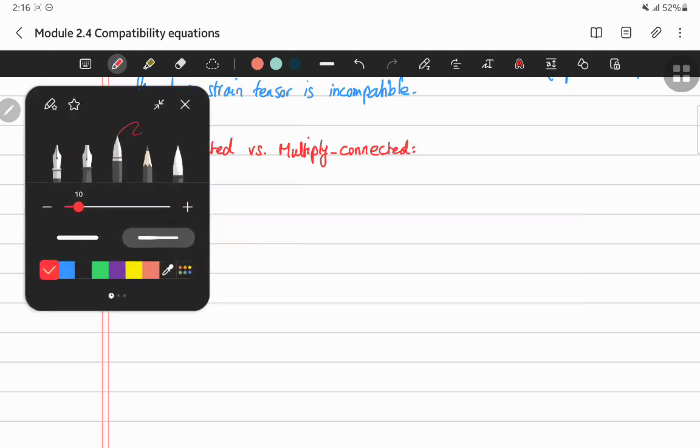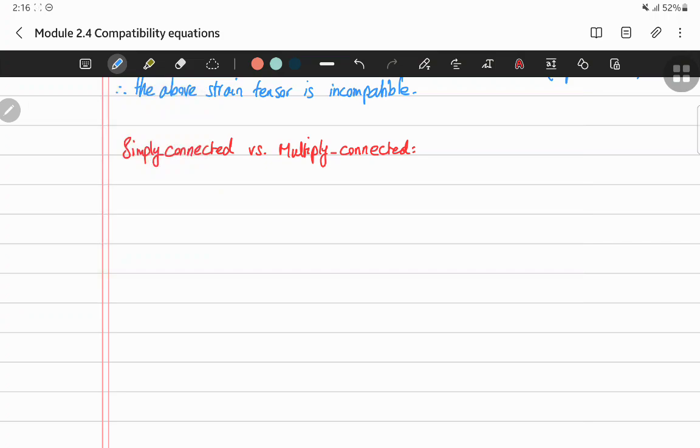And here we would like to show that the incompatibility equation is basically the necessary and sufficient condition for the simply connected. However, it is only the necessary condition for the multiply connected domains. But let's see what these are.